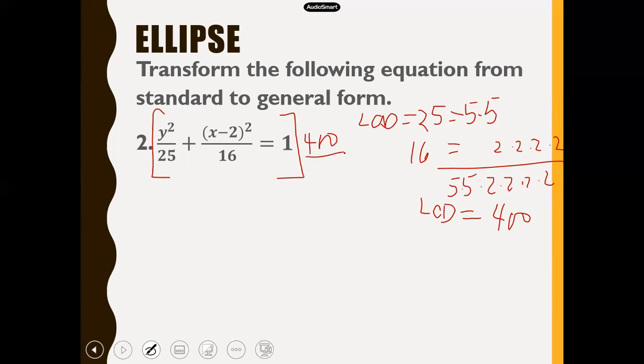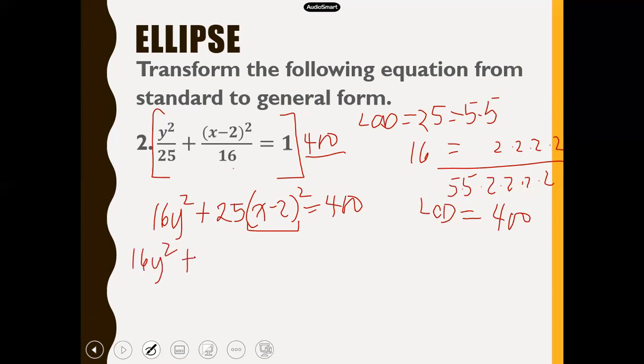400 divided by 25 is 16y squared plus 400 divided by 16 is 25. Tapos attach natin quantity x minus 2 quantity squared equal to 1 times 400 is 400. So expand natin itong quantity x minus 2 squared, that will be 16y squared plus 25 times x squared minus 4x plus 4 equal to 400.